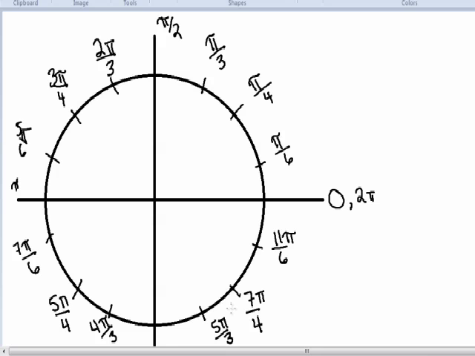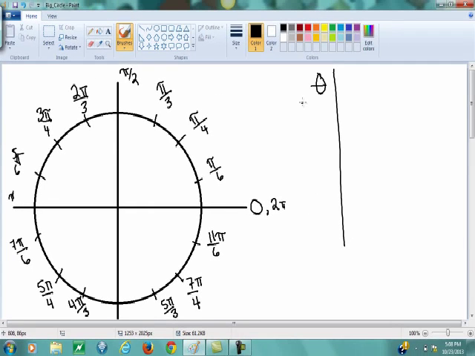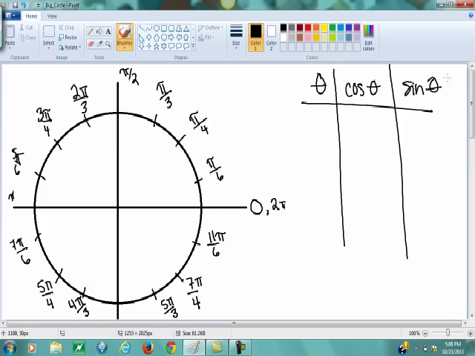And so what I mentioned is that really all you should have to do is know cosine and sine for the first quadrant angles. So start at 0, pi over 6, pi over 4, pi over 3, and pi over 2.